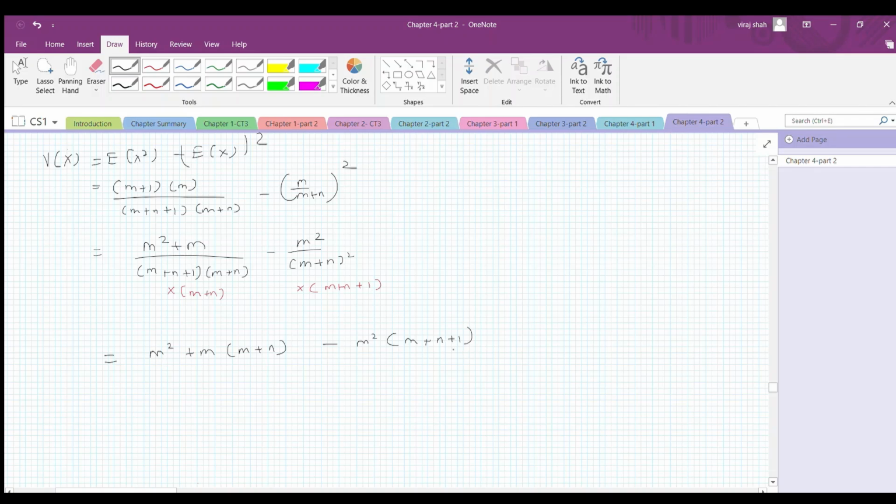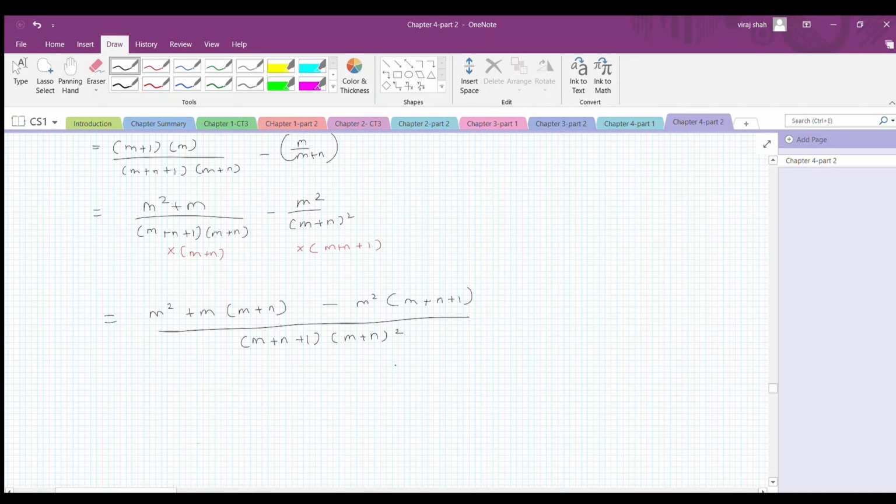divided by a common denominator now. So what would be my common denominator? It would be (m plus n plus 1) into (m plus n) the whole square. So now I can simplify it. I will multiply m square with respect to each term, right?